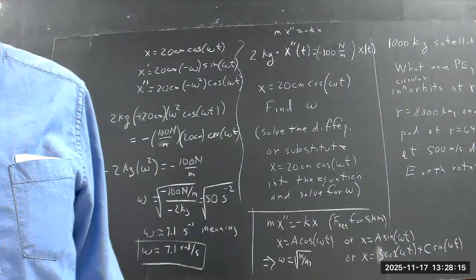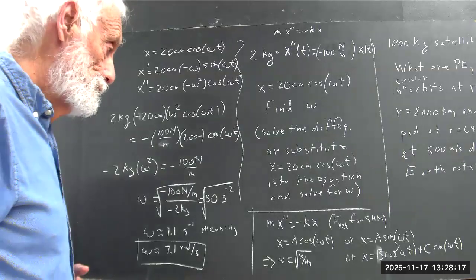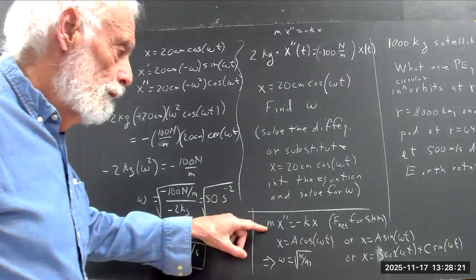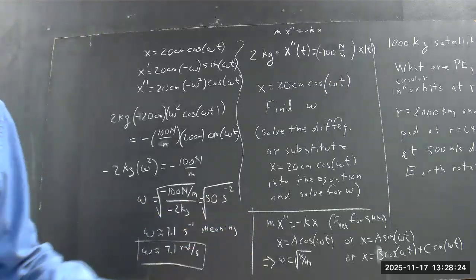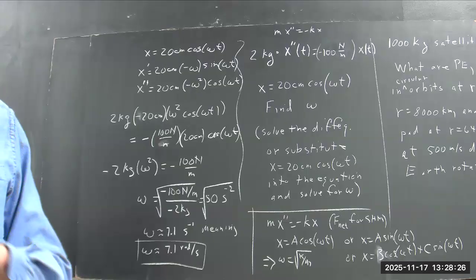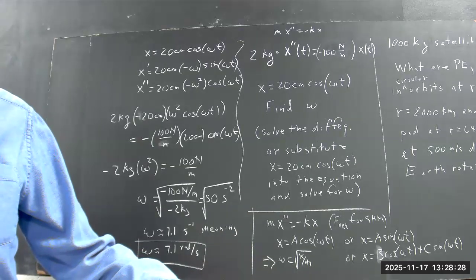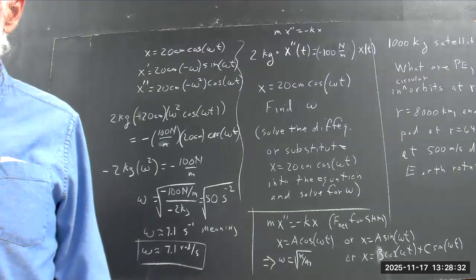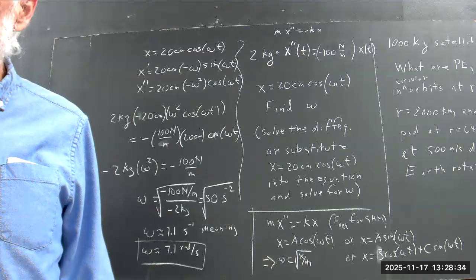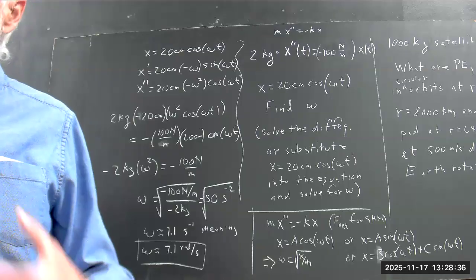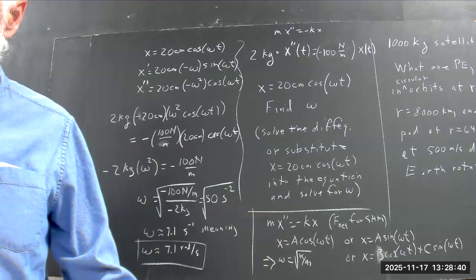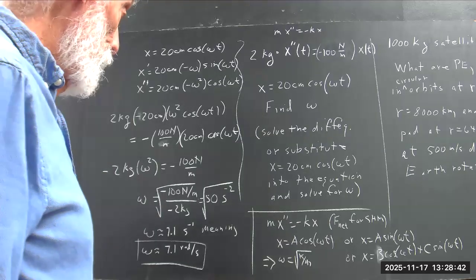Okay. This derivation is so simple that you should not go into anything regarding simple harmonic motion without knowing it. Because then everything else follows. Okay, I'm going to show you how that works.